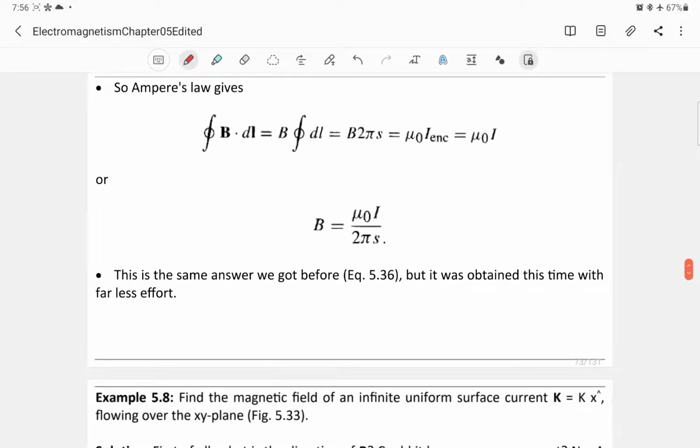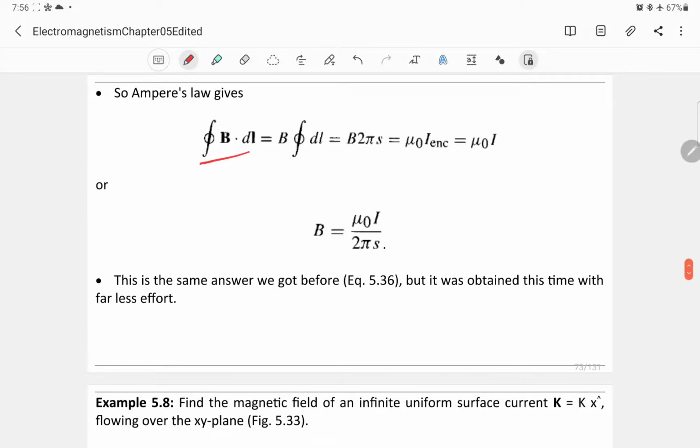So you have B dot dl, and then of course the magnitude is constant, so you can take this out of the integral. So this is just B dl cosine theta.